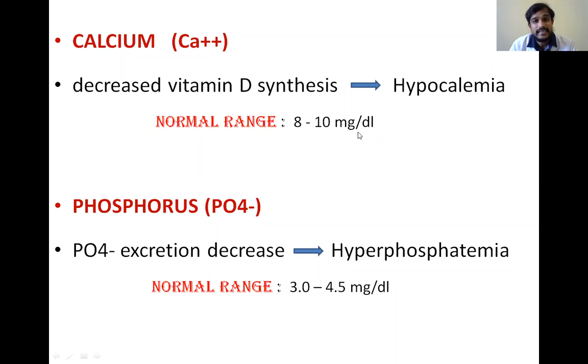The normal range is 8 to 10 milligram per deciliter. And phosphorus excretion is decreased and directly it leads to hyperphosphatemia. The normal range is 3 to 4.5 milligram per deciliter. So calcium is decreased, leading to hypocalcemia, and phosphorus is increased, leading to hyperphosphatemia.